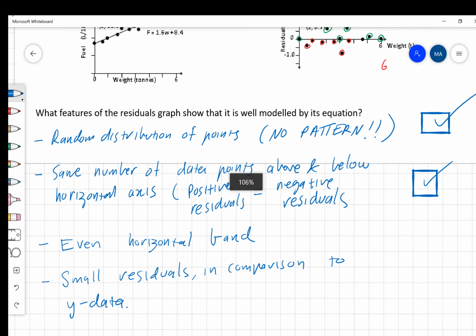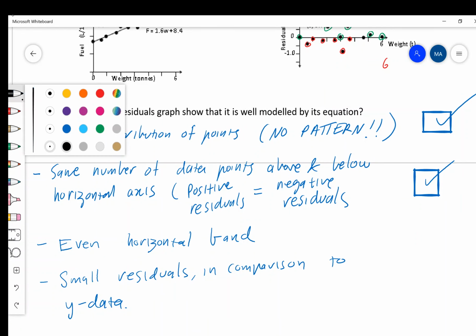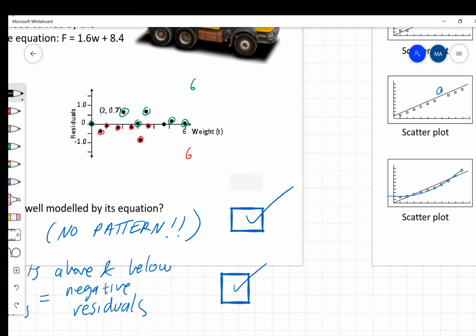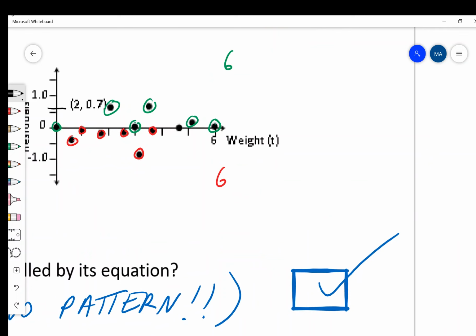Okay, even horizontal band. What do I mean by this? I'm going to draw a horizontal line through the biggest positive residual. Those are these ones here, they're about the same. And through the biggest negative residual.